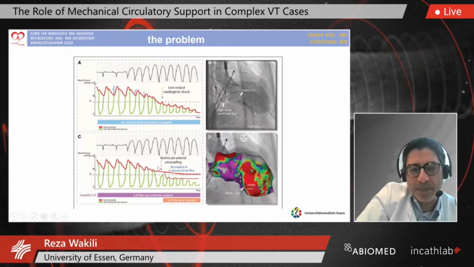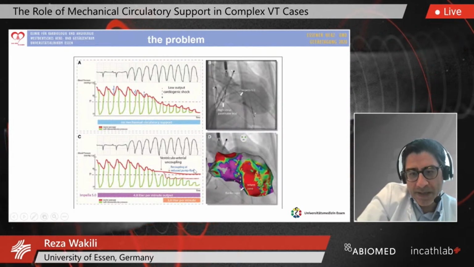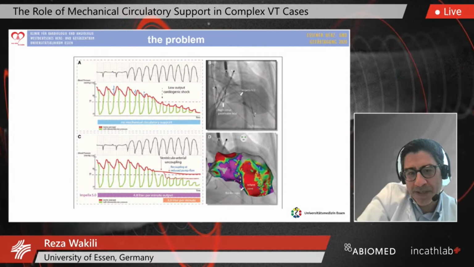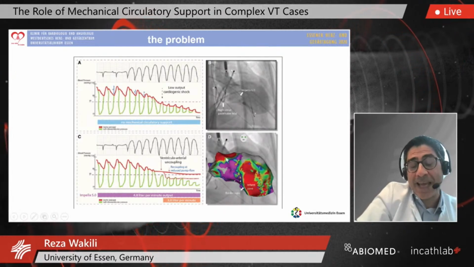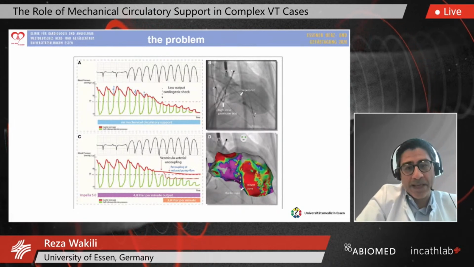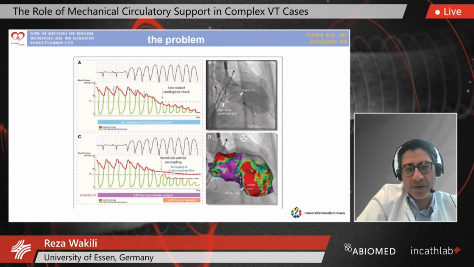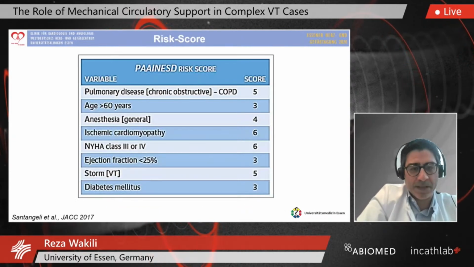If you implant a circulatory support system, then you can maintain a certain flow, sufficient circulation of all the organs, including the brain, as already mentioned, and this enables you to perform a map during the ongoing VT and thereby probably improve the outcome and also reduce the later complications of acute hemodynamic decompensation.